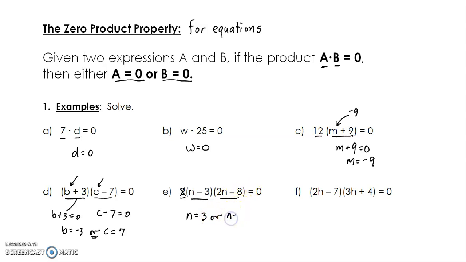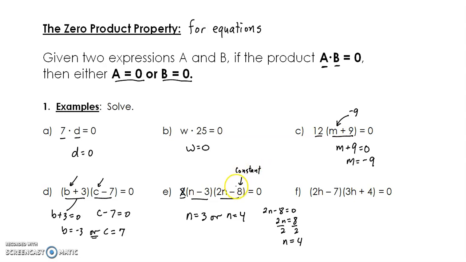Now here's where I'm going to talk about that idea of working this through in your head. Yes, you could be solving 2n minus 8 equals 0 and bring the 8 over to the other side and divide both sides by 2, and that's going to get you the answer that I just said, n equals 4. But the shortcut rule is you take the constant amount in the bracket, and these are normally binomials, which normally have one variable term and one constant term.